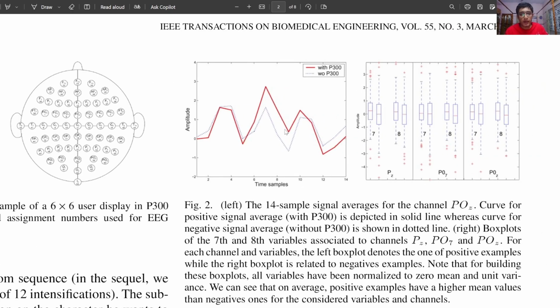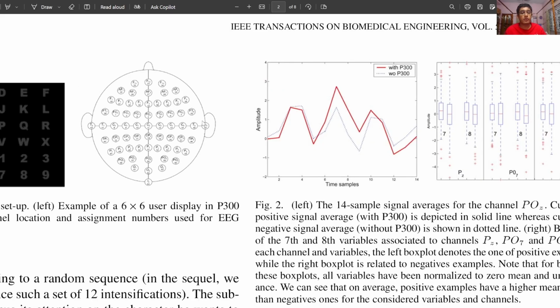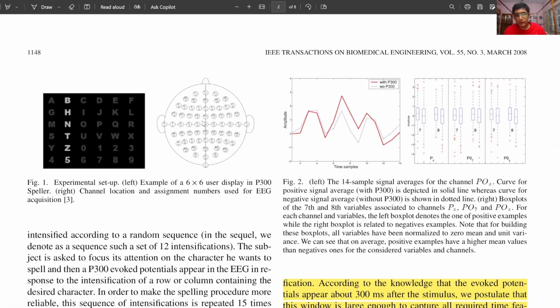So this spike, as you can see in this red line, has been shown. Unfortunately, besides the P300, there is also another spike, and there is a subtle difference between these two, and that is what this paper tries to differentiate.